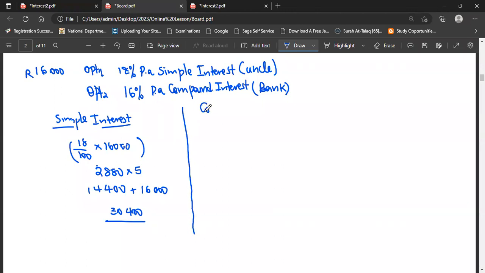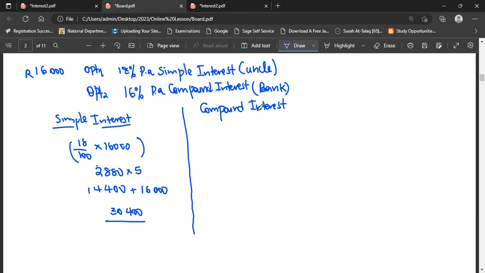Let's come to compound. Compound interest, remember, it keeps accumulating. Interest is charged on interest. The interest you get in term 1 is charged in term 2. You know, it earns interest as time goes on. Anyway, for 5 years.